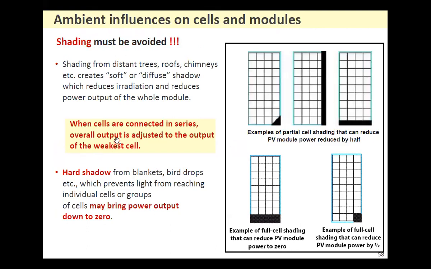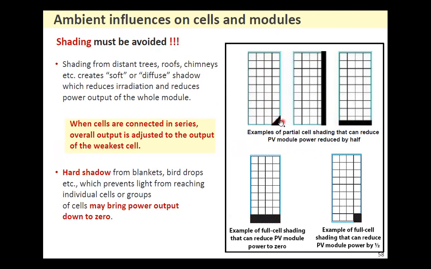What is this? This is the influence of shading. This is an example of a PV module, and in the boxes these are cells. 1 cell, 2 cell, 3 cell, 4 cell. Now look, these cells are shaded. This type of shade is known as partial cell shading.